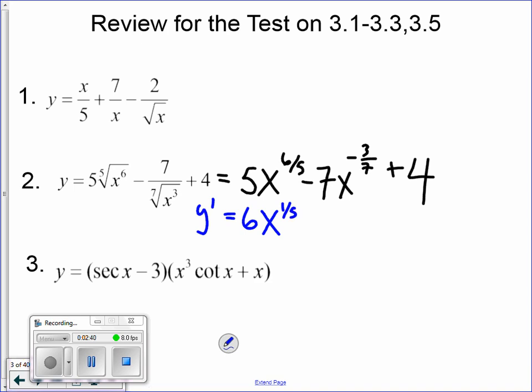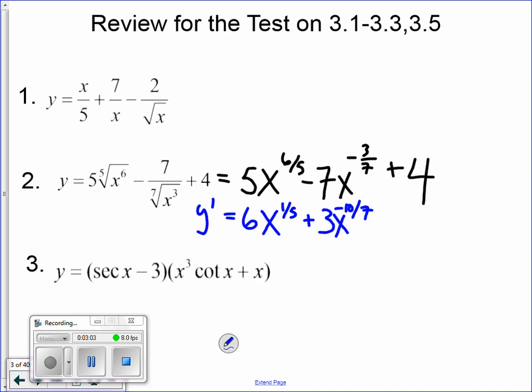Multiplying -3/7 by -7, you get positive 3. And when you take away 1 or 7/7 from -3/7, you get, oops, I forgot to write x. You get -10/7. And the derivative of 4 is 0, so we don't have to write that.